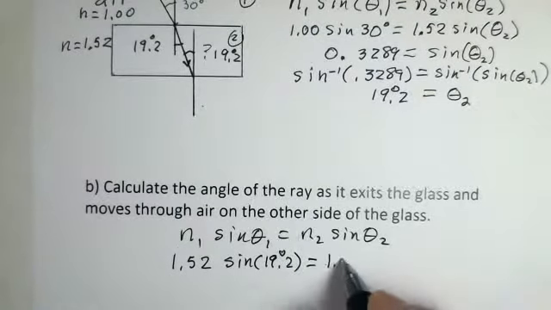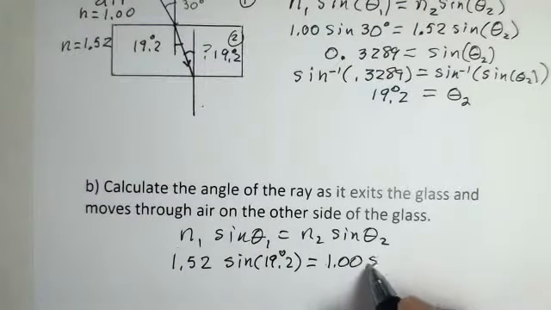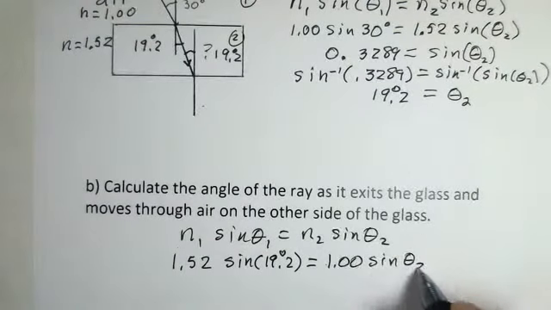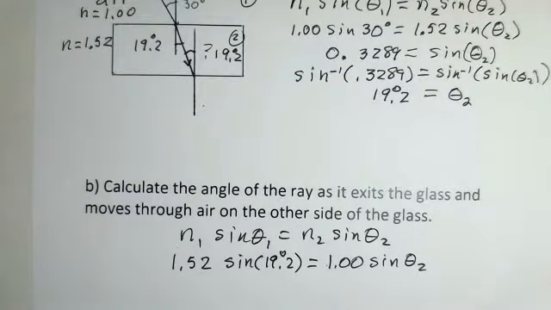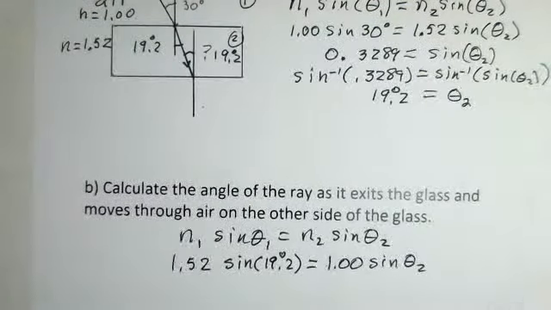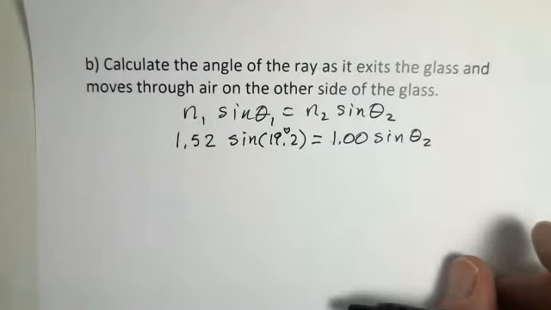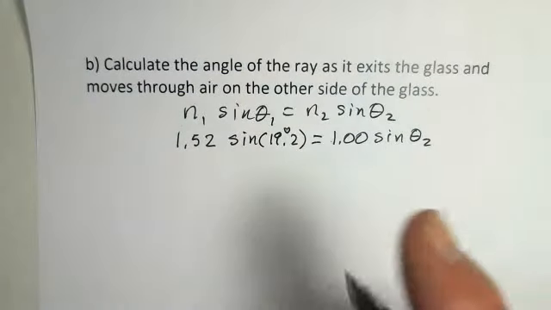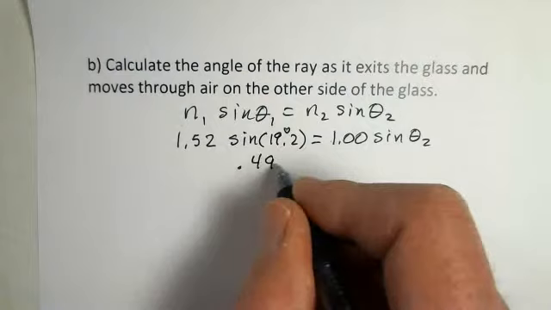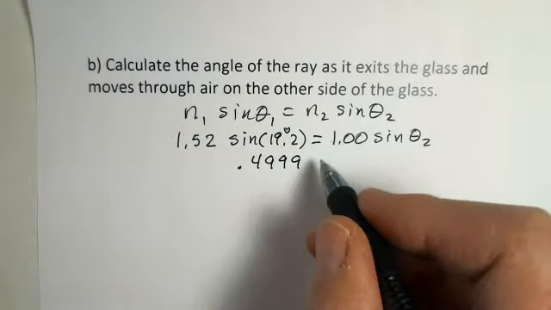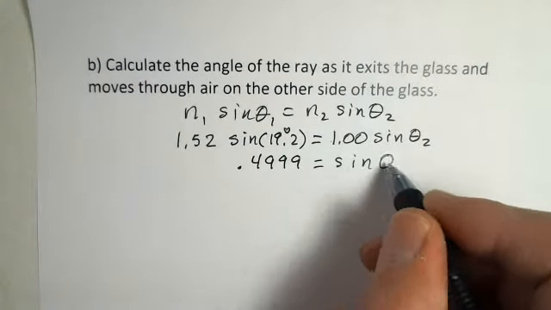In air, the index of refraction is 1, and we want to know what's the angle out in the air. Again, you should pause, use your calculator, and see what number you arrive at. I arrived at 0.4999 equals the sine of theta 2.